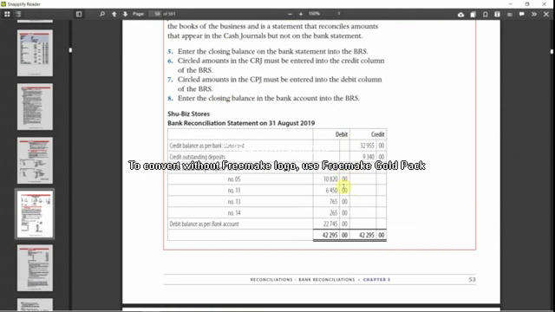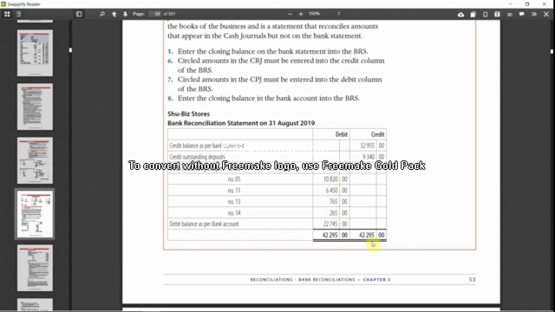Then all those items that we had additional that was not on the bank statement, that was circles therefore in our CRJ and CPJ, we added all of those, and then the final balancing amount is the debit balance as per our bank account after balancing our bank account.